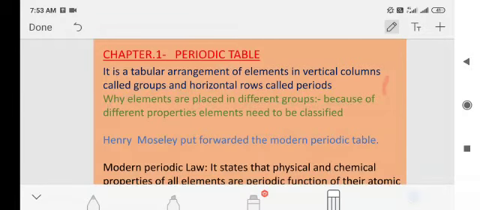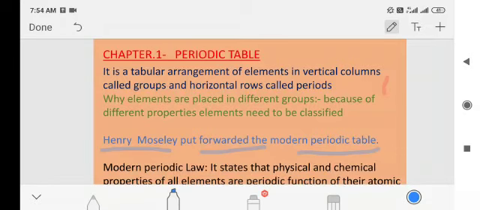Now, about the scientist. Henry Moseley is the scientist who put forward this periodic table. See, in class 9 we discussed different kinds of early classifications. Three scientists' names were given there. The first one was Dobereiner's law of triads.